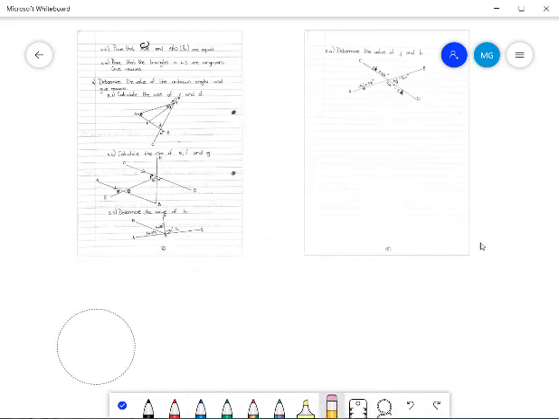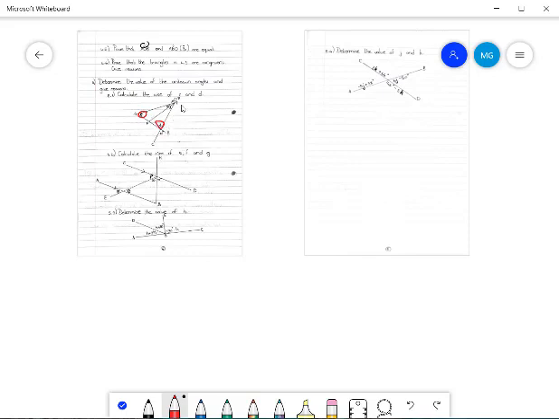Let's go to question 5. Determine the value of the unknown angles and give reasons. So here we have calculate the size of C and D. So angle C and D. There's D and there's C. So we need to calculate their size and also give reasons.